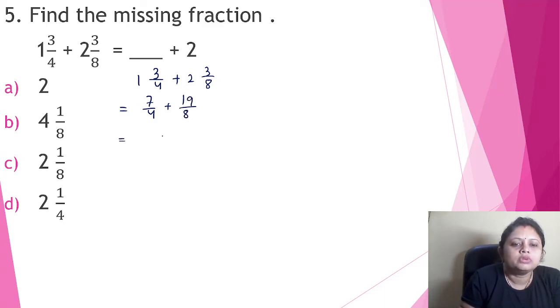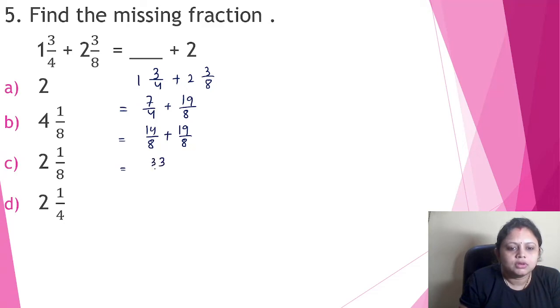Okay. So the LCM is 8. So it will be 14 by 8 plus 19 by 8. Then if we add it, it will be 33 by 8. So we have to convert it into the mixed fraction. So it will be 4 whole 1 by 8.